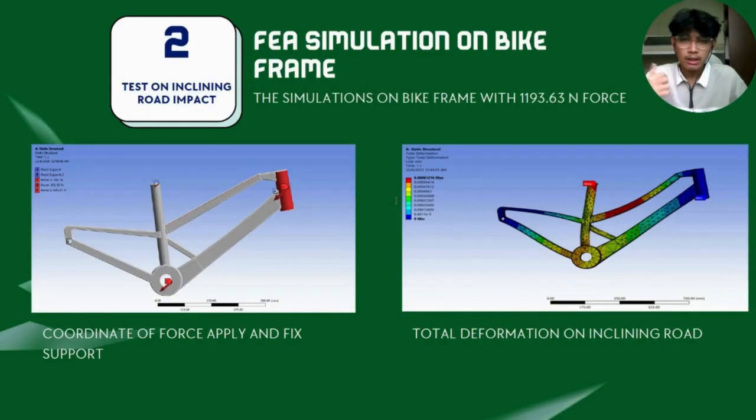Interestingly, the maximum stress in this case was only 0.38759 megapascal, which is lower than in the flat road scenario, and the safety factor was 2.3994 times 10 to the power of 9. This happens because uphill riding aligns most forces along the length of the frame tubes, creating axial loads that are easier for the structure to handle.